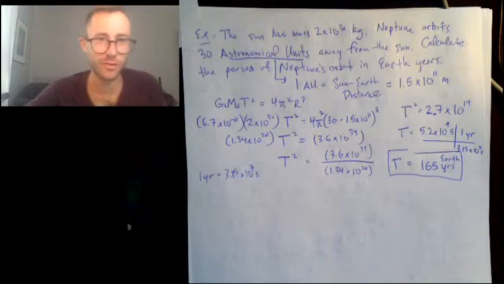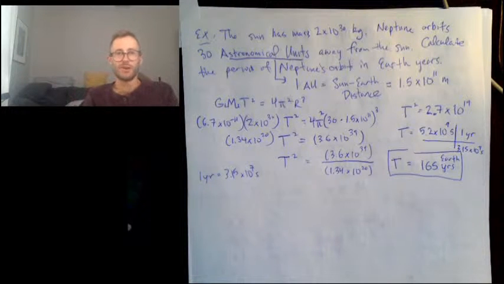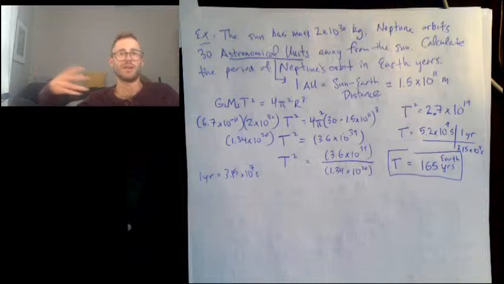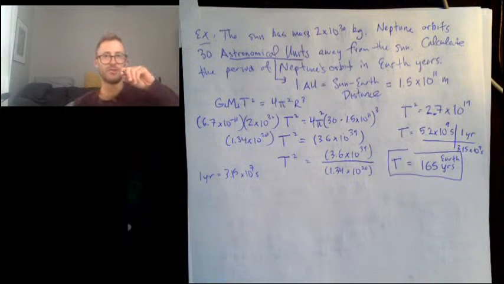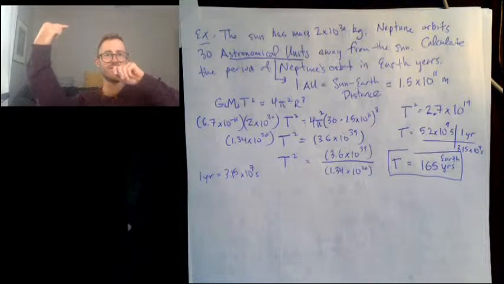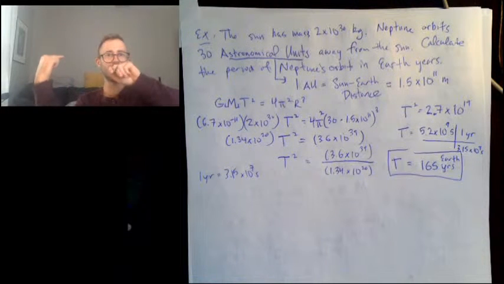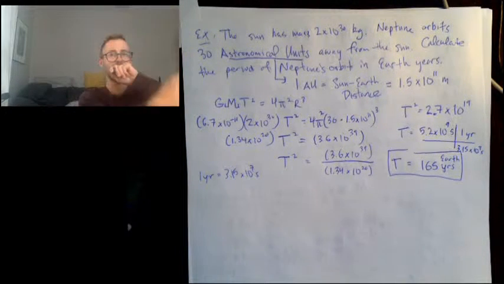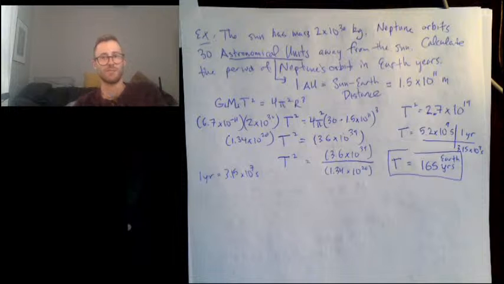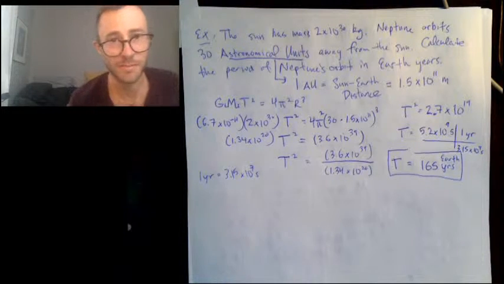So if we could play the video of the solar system and make it fast forward, you would see the Earth just going around while Neptune's coming around the outside really slowly. Like that, okay? Which I think is fascinating.